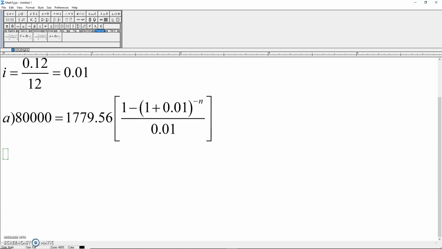I already get 0.449549. It doesn't hurt to write many decimals, so I put 6 decimals. This equals what's left: 1 minus the denominator.